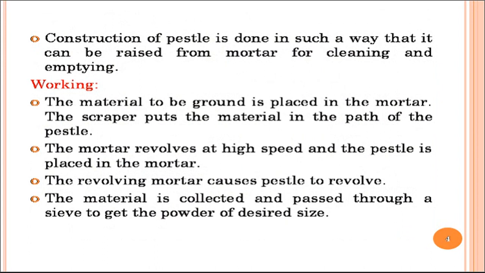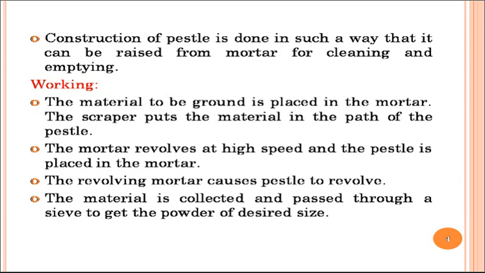When we talk about the working, the material which is being ground is placed into the motor. The motor is made of high grade stainless steel which can withstand the process of attrition, so it can easily squeeze out the material and the particles are graded into different sizes. The motor revolves at high speed and the piston is placed in the motor, and the revolving motor causes the piston to revolve, and again it carries the material which is going for size reduction.